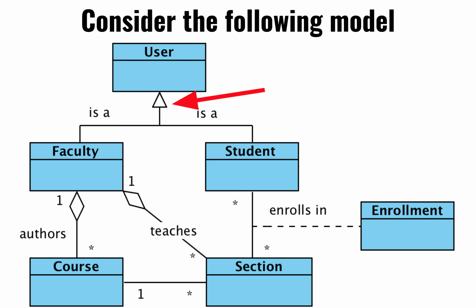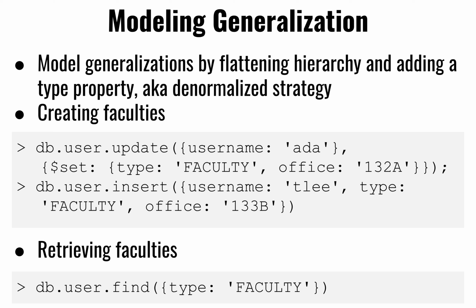Unfortunately, generalization is not supported by MongoDB or by JSON in any way. So what we'll need to do is use a strategy that we already used in relational databases. Relational databases don't support generalization either, right?